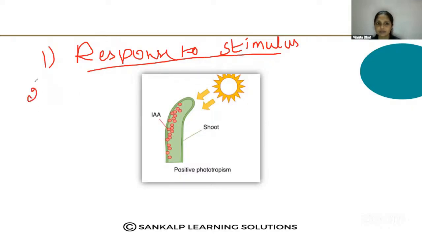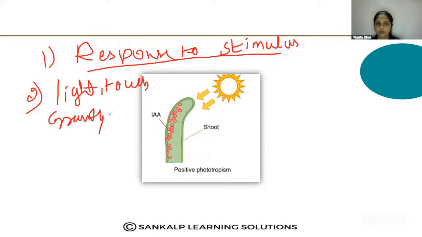Then the second one is the response to stimuli like light, touch, gravity, water, etc. and chemicals.